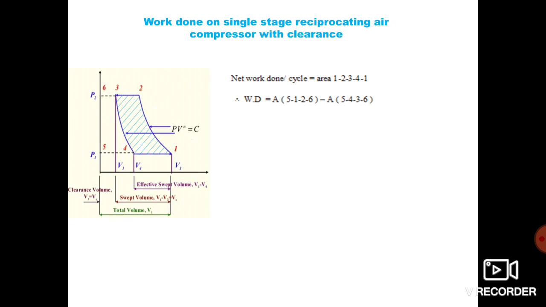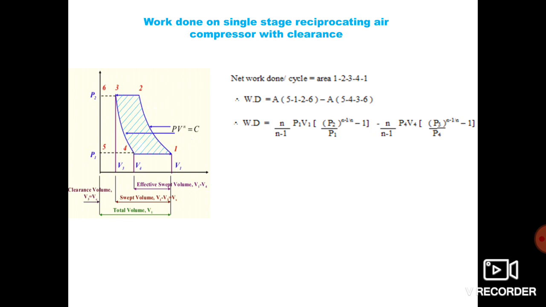So in order to get this net work done, we are having area 5, 1, 2, 6, 5 minus area 5, 4, 3, 6 and 5. Means from this outer area, if we minus the inner area, we will get the area of the shaded portion.